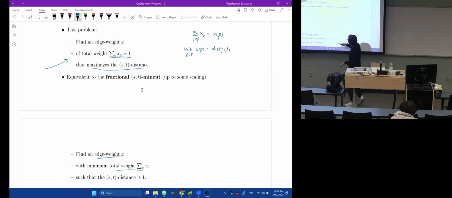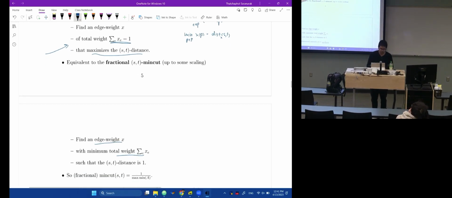And for min cut, your goal is just to separate them by distance 1, but you want to minimize the total amount of value that you put. So they are the same again. So basically, the value of min cut is 1 over the value of the game.